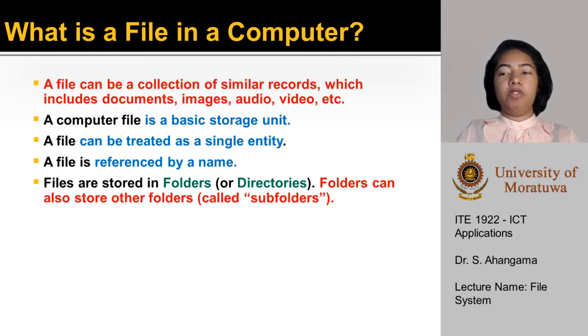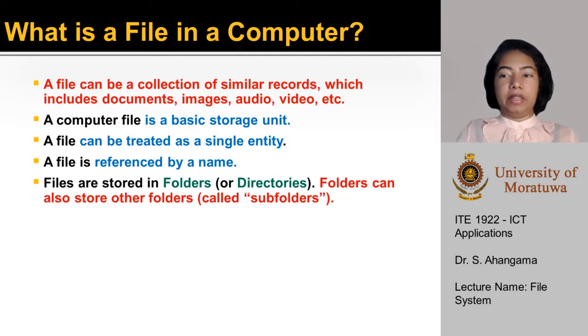The majority of the files we use contain data or information in a specific format like a document, chart, or image. All the data are written into and read from the file. A file can be treated as a single entity and is referenced by a name.